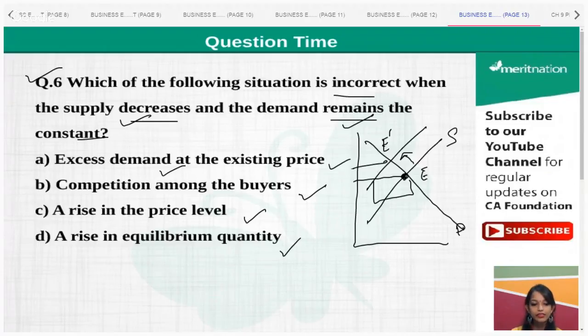So obviously this is correct. There is an excess demand at the existing point, right, Shruti, right, Komal. Existing excess demand is there. If excess demand is there, competition among the buyers would be there. So obviously price will move upwards. The rise in the price level is also correct. But what is incorrect, guys? The D option, right? Arvind, D, Tarun, D.